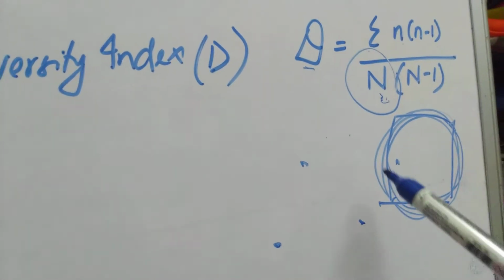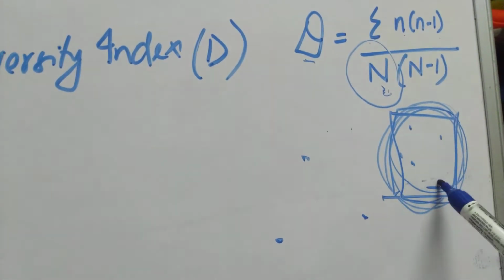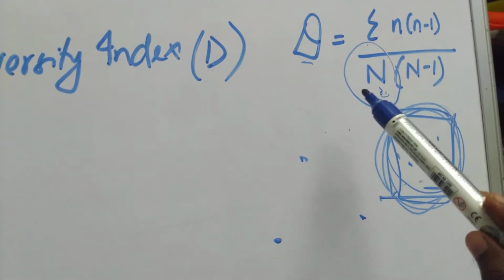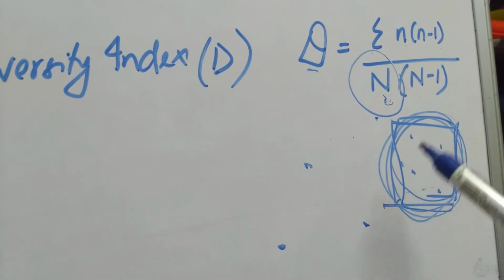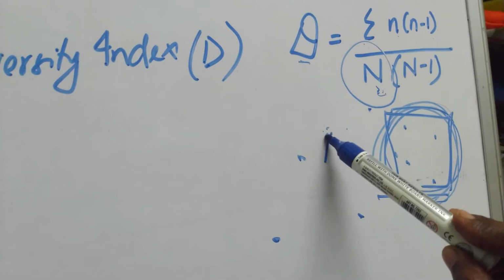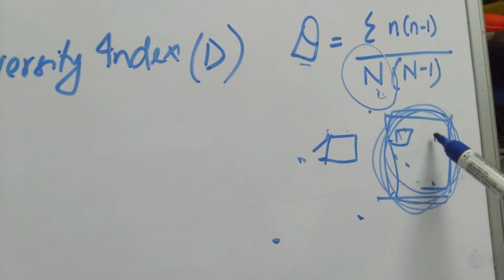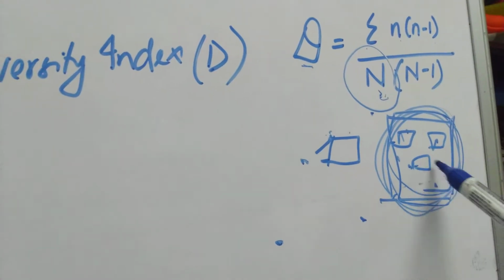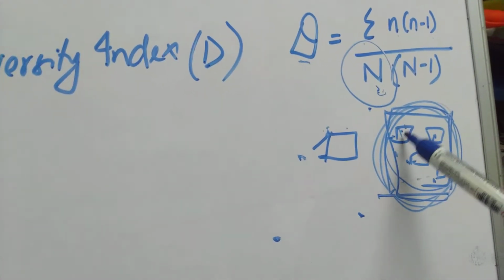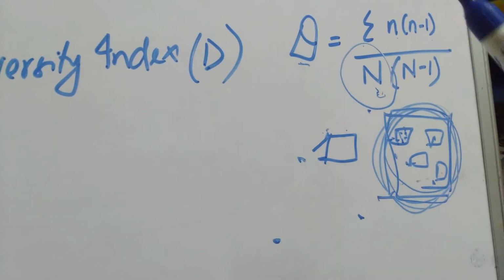So the total number of individuals present in a particular sample is capital N, and the number of individuals present in a particular species, like species 1, 2, 3, 4, is small n.